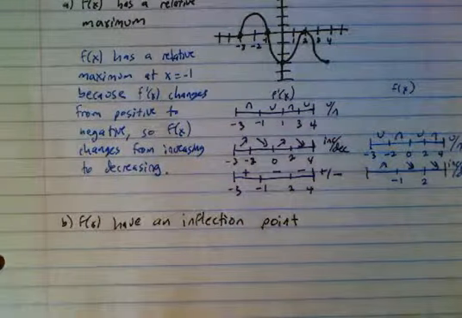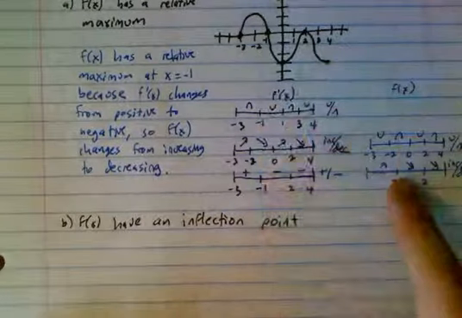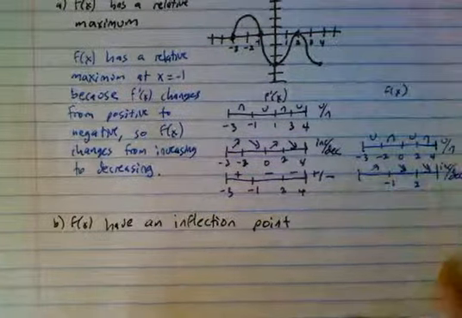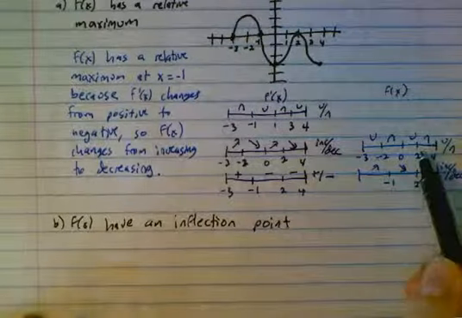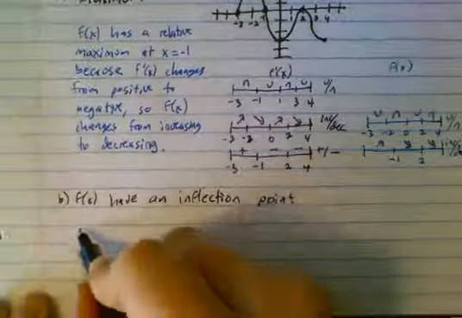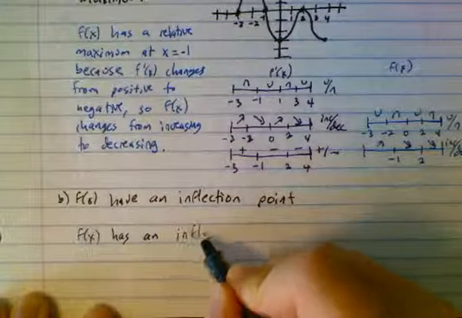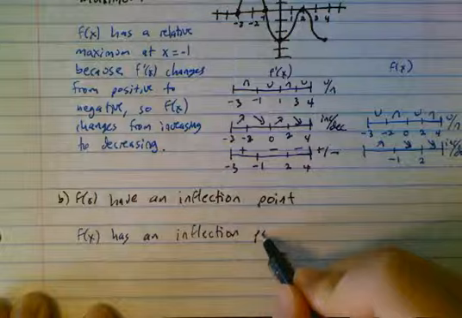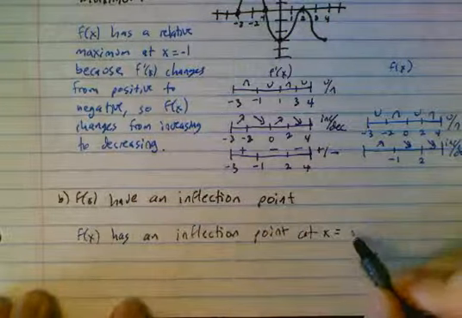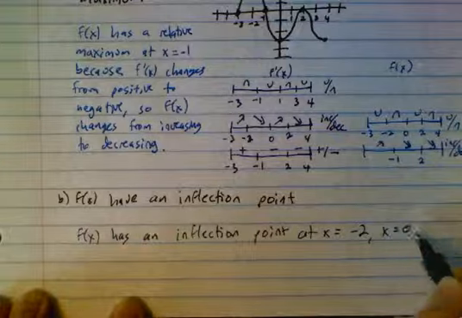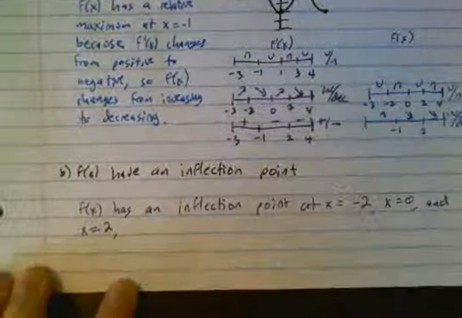And we're really just doing the same thing that we were doing. We've translated from f prime of x to f of x. Where is there an inflection point for f of x? And we see that right here at -2, 0, and 2. And how do we know that?